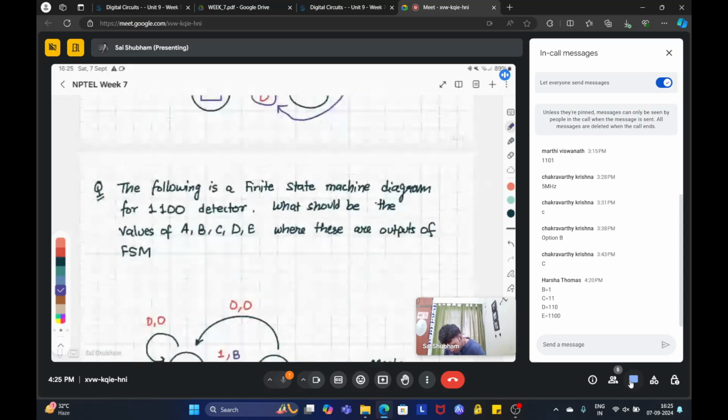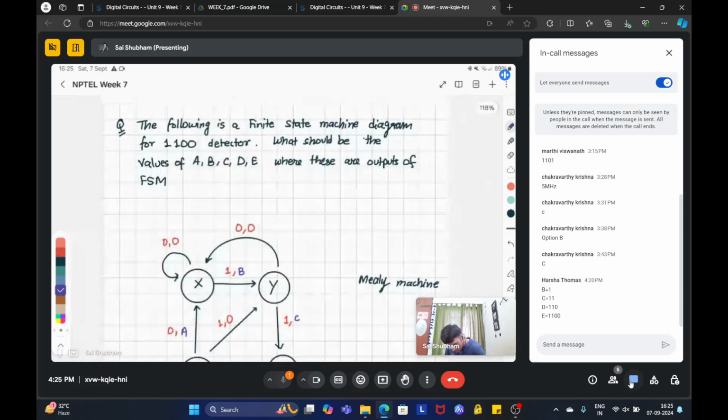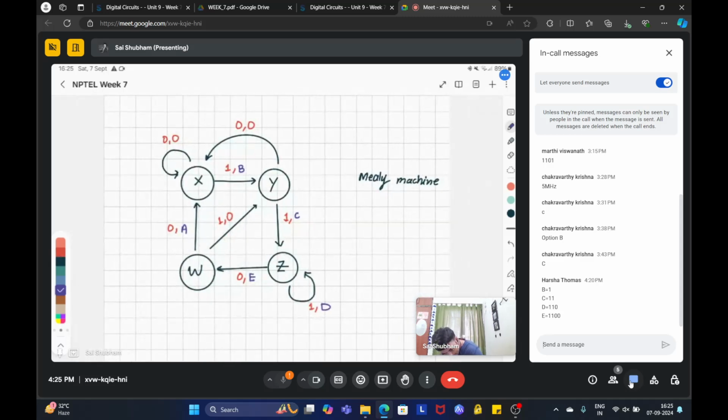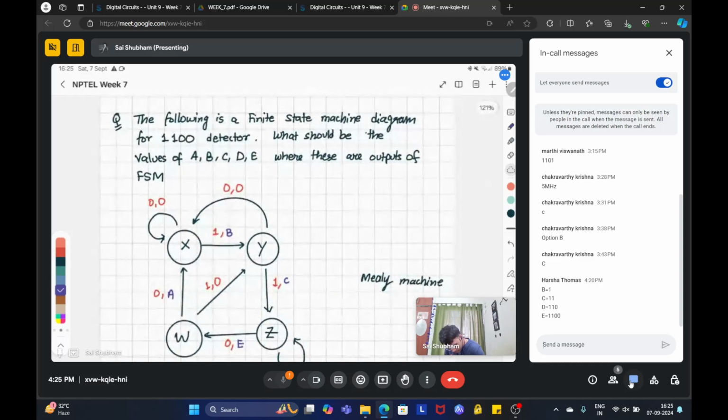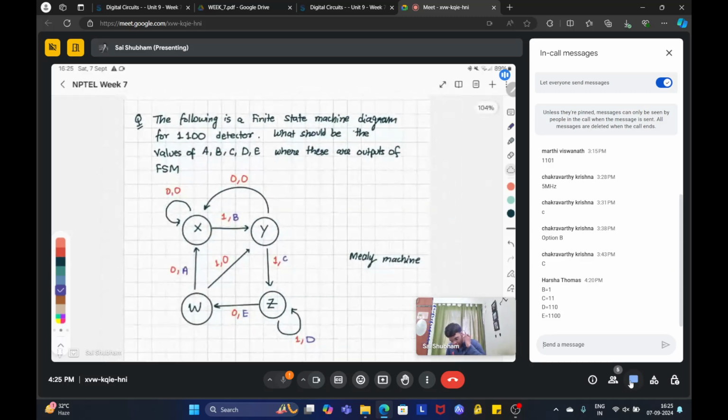Moving on to the next question. The following is a finite state machine diagram for a 1100 detector, same as before, but instead of a Moore machine, this is a Mealy machine.